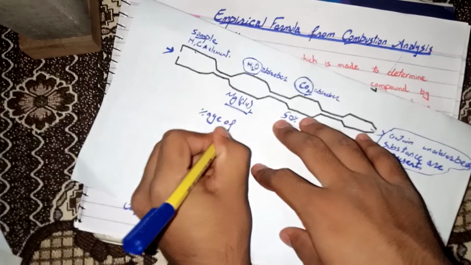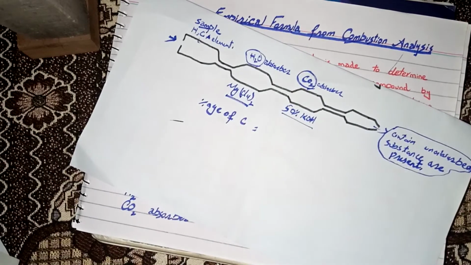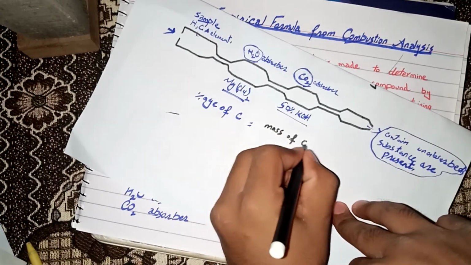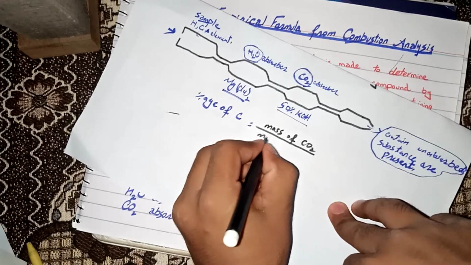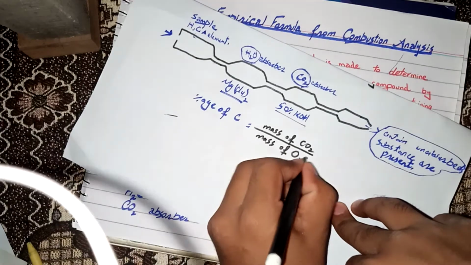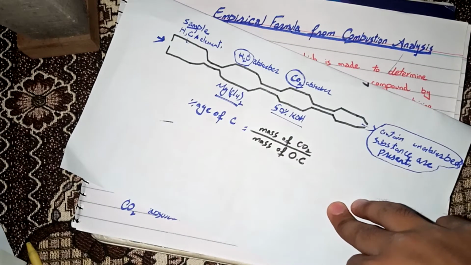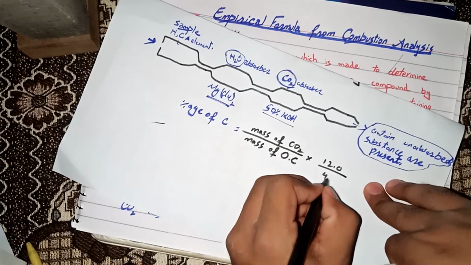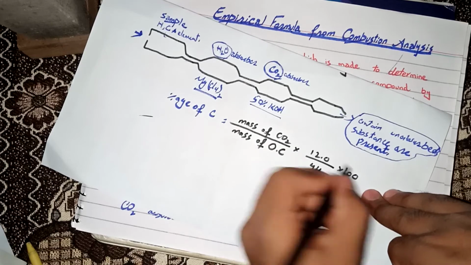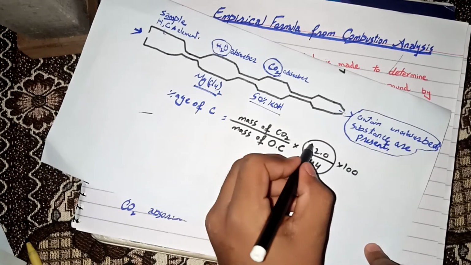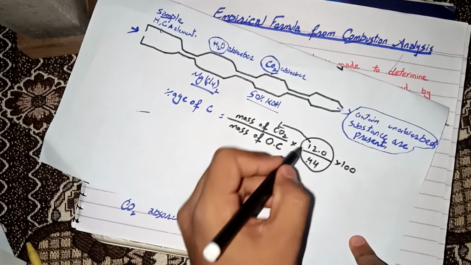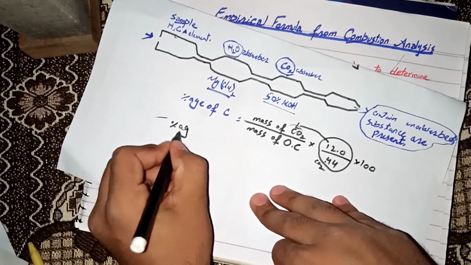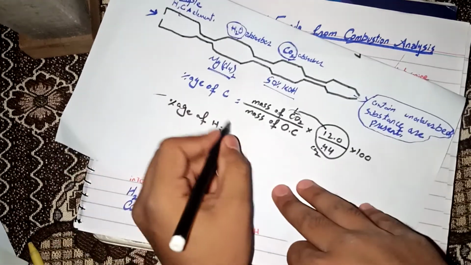Percentage of carbon is equal to mass of carbon dioxide over mass of organic compound, multiplied by 12.0 over 44, multiplied by 100. Here 12 is the atomic mass of carbon and 44 is the molecular mass of CO2.